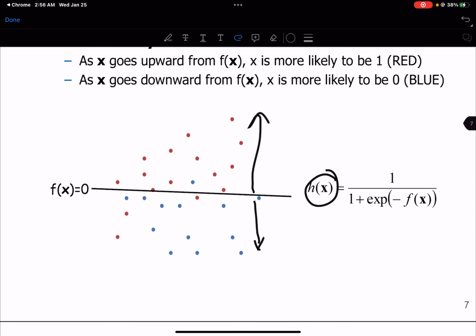The farther you are away from this line, the higher the chances and the more likely that the function takes the value of 1 or red. And the farther you are downward from this line, the more likely the value is blue.